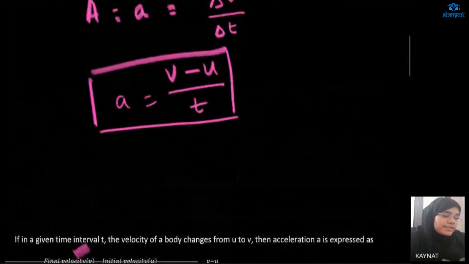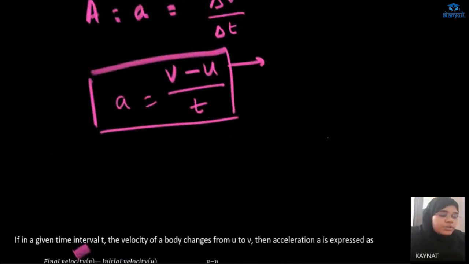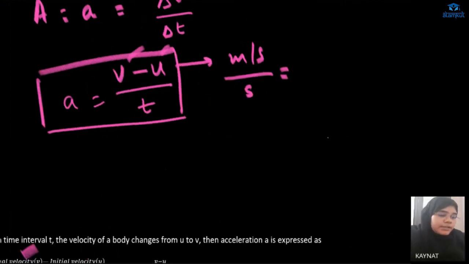As you can see, the unit of velocity is meter per second. Both are velocities, so the unit will be meter per second. You will not do it like this, meter per second minus meter per second will be zero. No, this is only denoting the unit. So meter per second in the numerator and second in the denominator. If we simplify it, we get meter per second square.